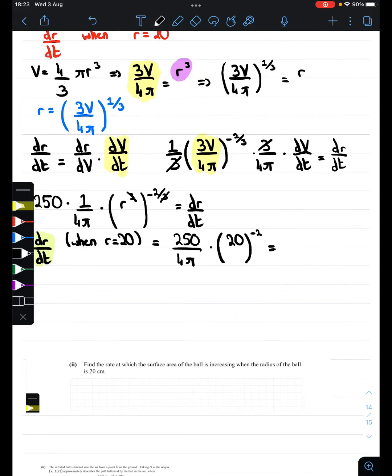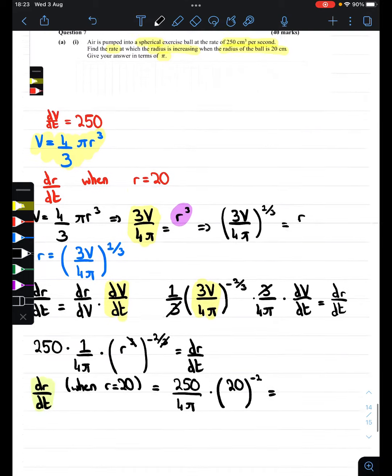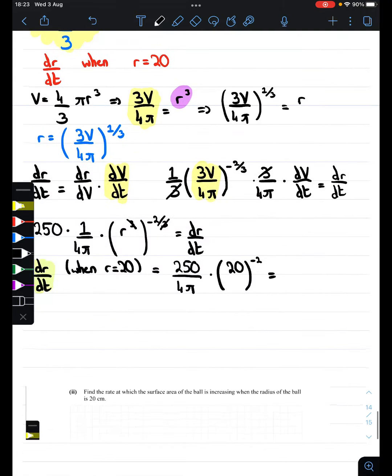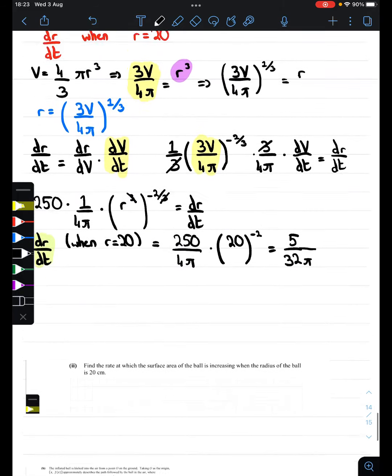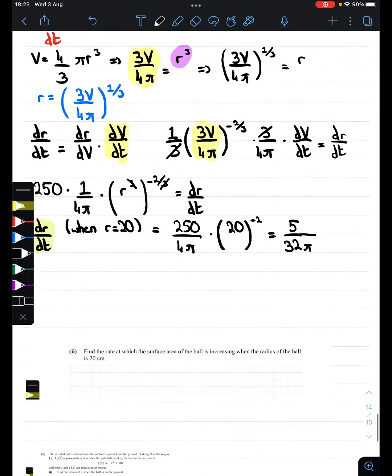And if we put this into our calculator and keep it in terms of pi, we get 5 over 32 pi. Okay, so if we just highlight this as our answer.